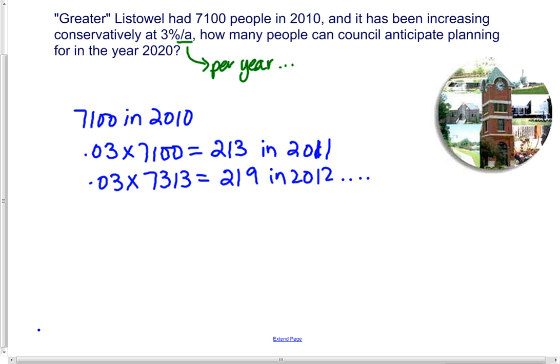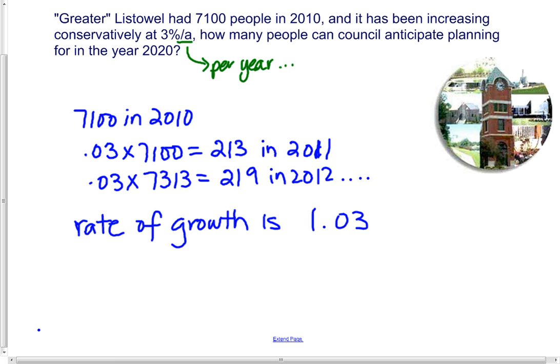So our rate of growth, which you would have noticed in course notes 80, is 1.03. So the 1 keeps the original 7,100, and the 3% adds 3% to it.